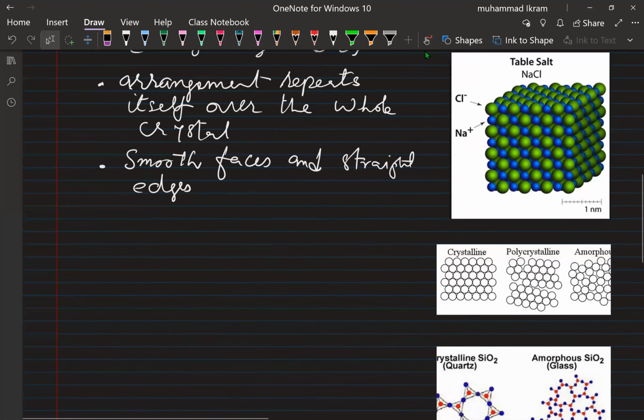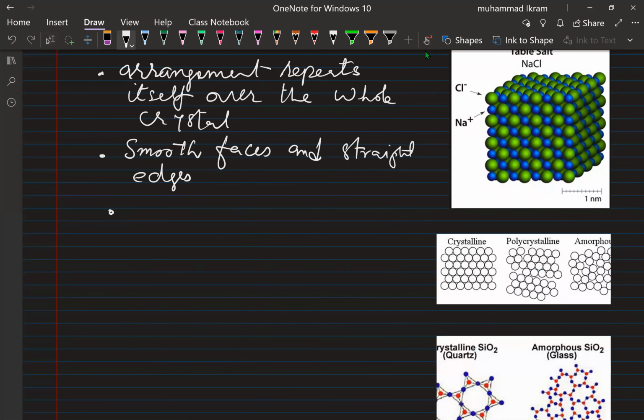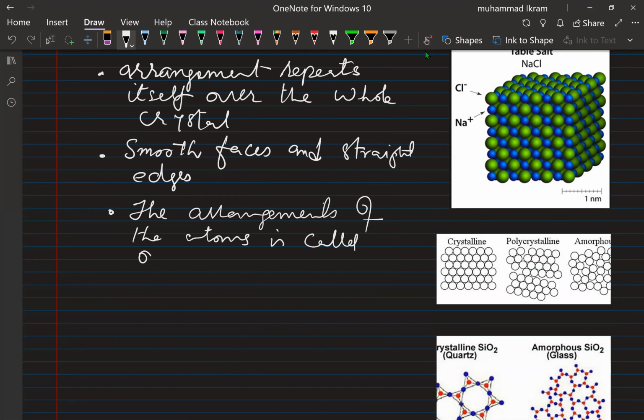We call the arrangement order. The arrangement of the atoms in the solid is called order. So the crystalline solid has definite order shapes, right?